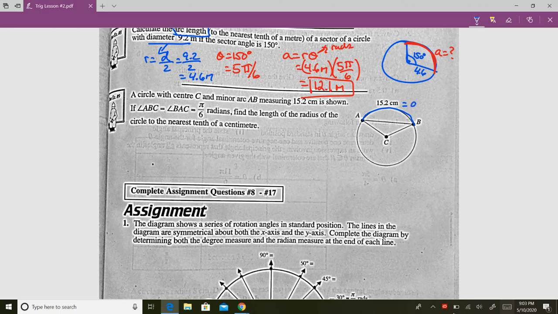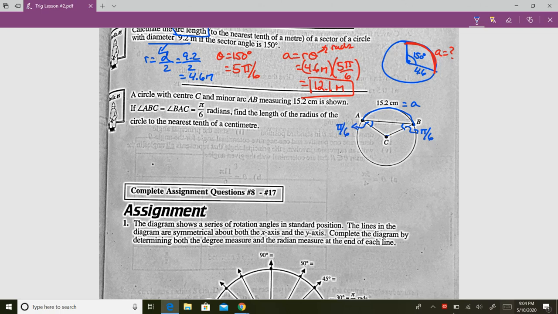That is 15.2. So that's our A value. If angle ABC is equal to angle BAC, so this angle and this angle are the same, and those are pi over 6. All right. They're both pi over 6. Do you guys remember what pi over 6 is?